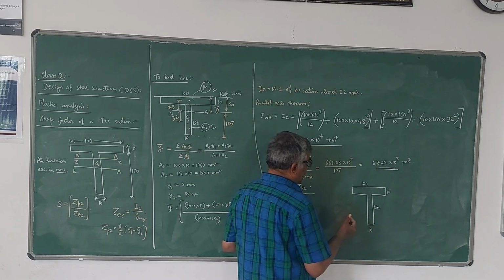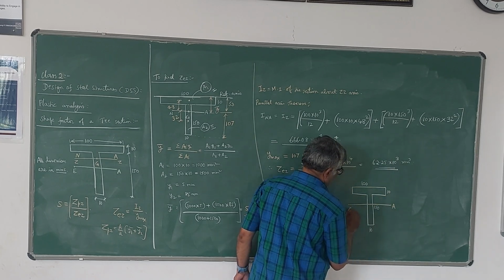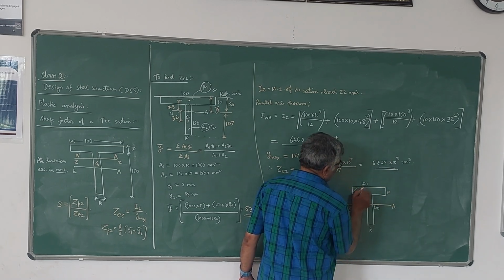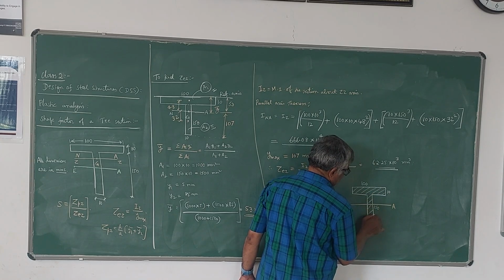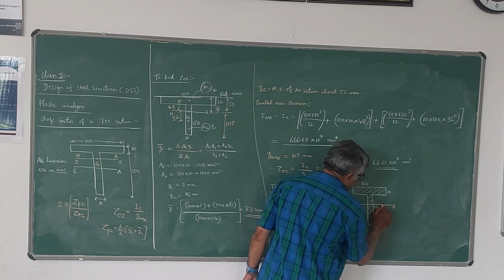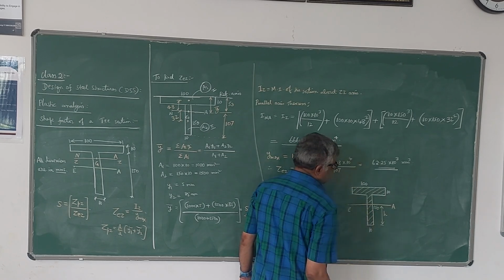Now I have to locate the equal area axis. Equal area axis means whatever area is above the axis should be equal to the area below the axis. For this I will take this as h, or x you can take.